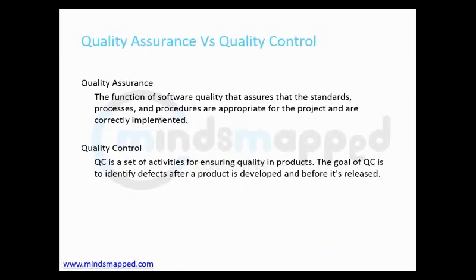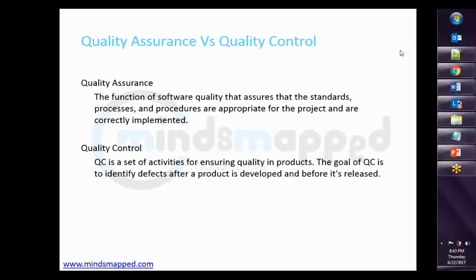Now, what is the difference between quality assurance and quality control? Quality assurance is the function of software quality that assures the standards, processes, and procedures are appropriate for the project and are correctly implemented.